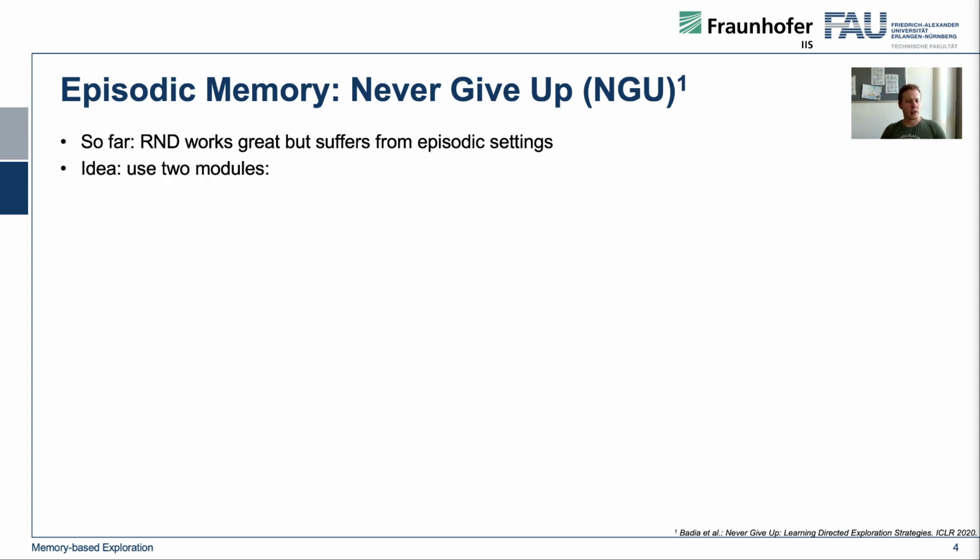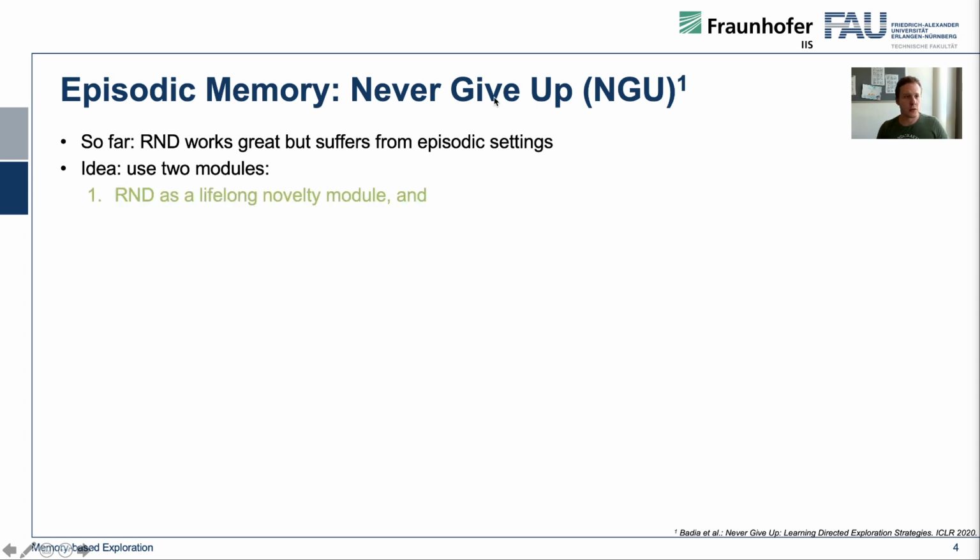In order to solve this problem, there is a simple idea. By the way, this is a follow-up paper based on RND, called Never Give Up, or NGU, and it proposes the solution.